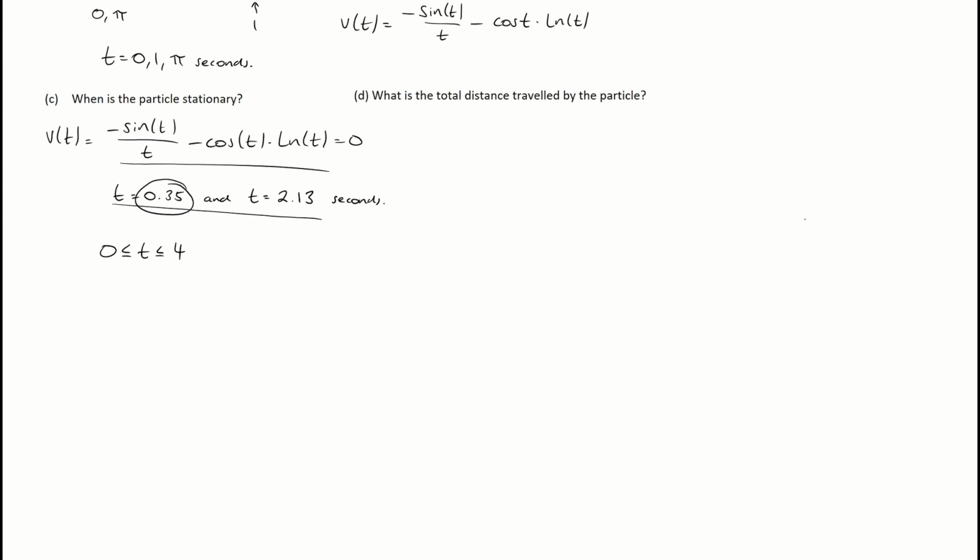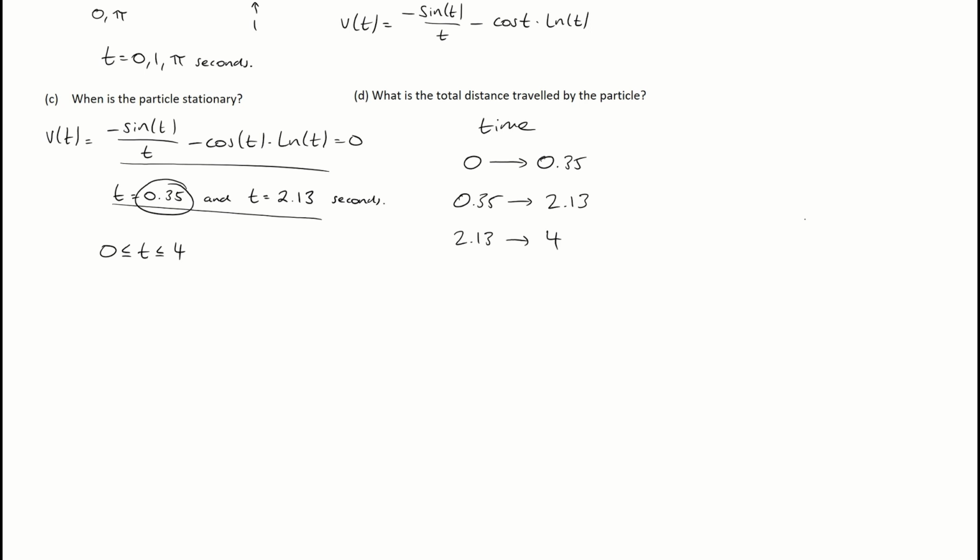If we look at our time, we start at 0 and go up to where the particle becomes stationary, the first time being 0.35. Then we go from 0.35 to when the particle is again stationary, at 2.13. Then we go from 2.13 up to 4 seconds, as the particle is never stationary again before the end.